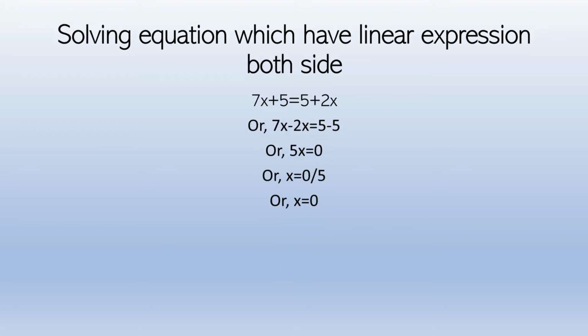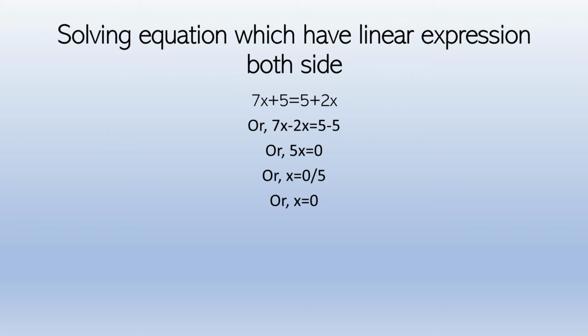Come to the second method. Solve the equations which have linear expressions on both sides. Example: 7x plus 5 equal to 5 plus 2x. To solve these equations, first we will arrange all the variables on one side and all the constant parts on the other side.